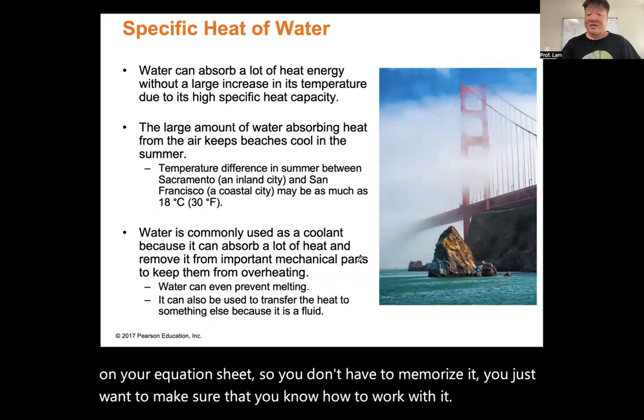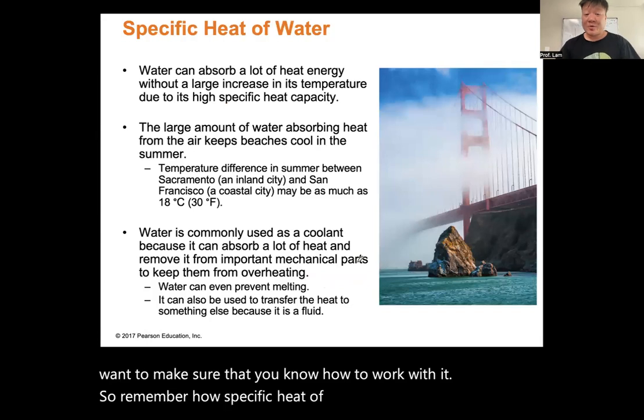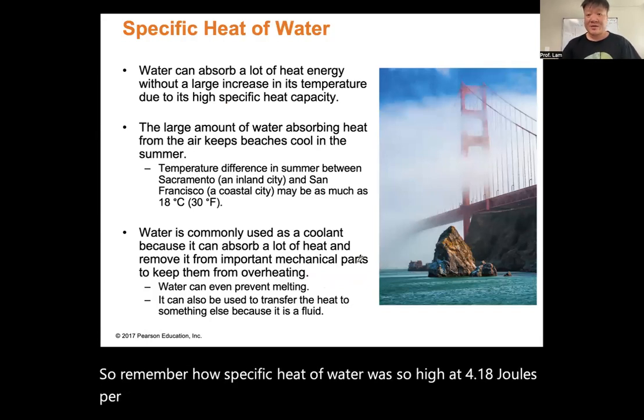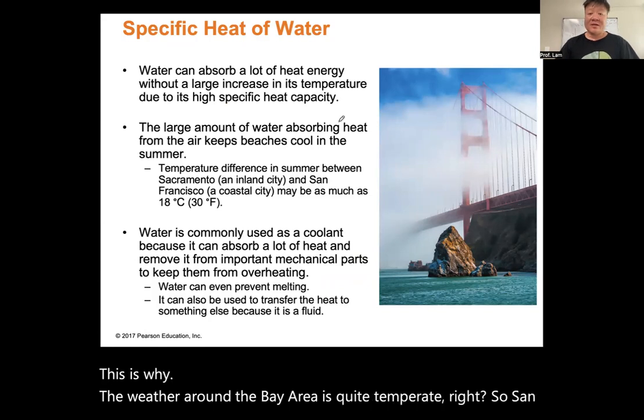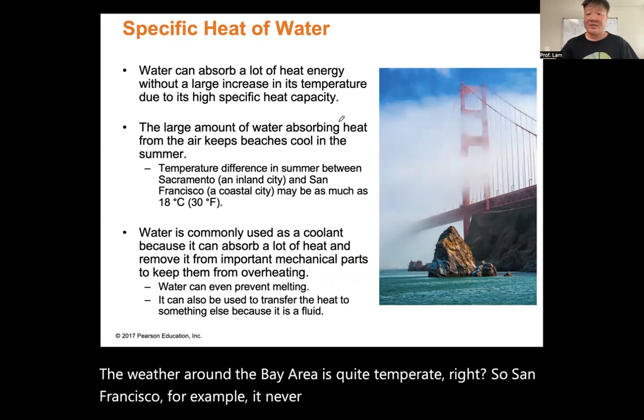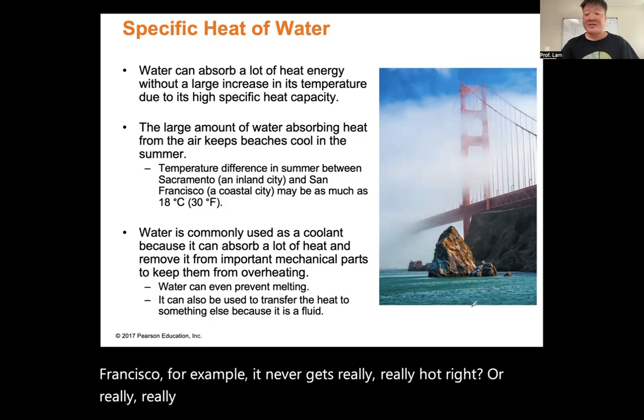So remember how the specific heat of water was so high at 4.18 joules per degree Celsius per gram. This is why the weather around the Bay Area is quite temperate, right? San Francisco, for example, never gets really, really hot or really, really cold, and that's due to it being surrounded by water.